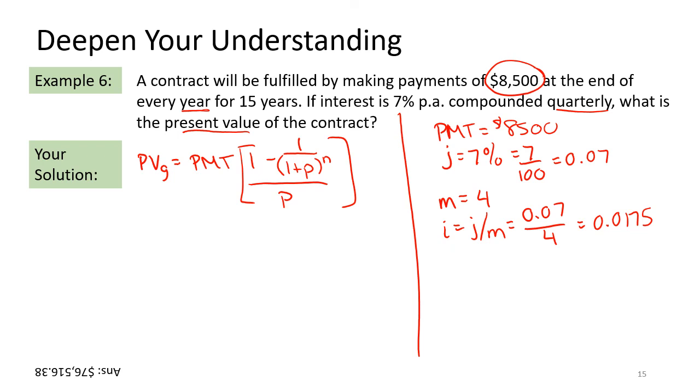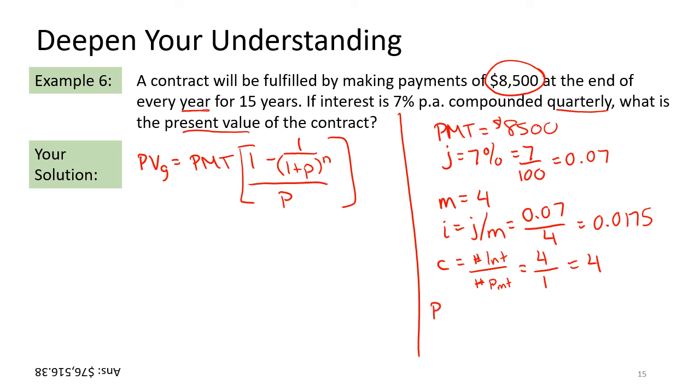So now these two steps you have to add, remember. First is the ratio C, which is the number of interest payments divided by the number of payment periods. So your interest frequency is quarterly, and your payment frequency is the end of each year, which is annually, so 1. So your ratio C is 4.